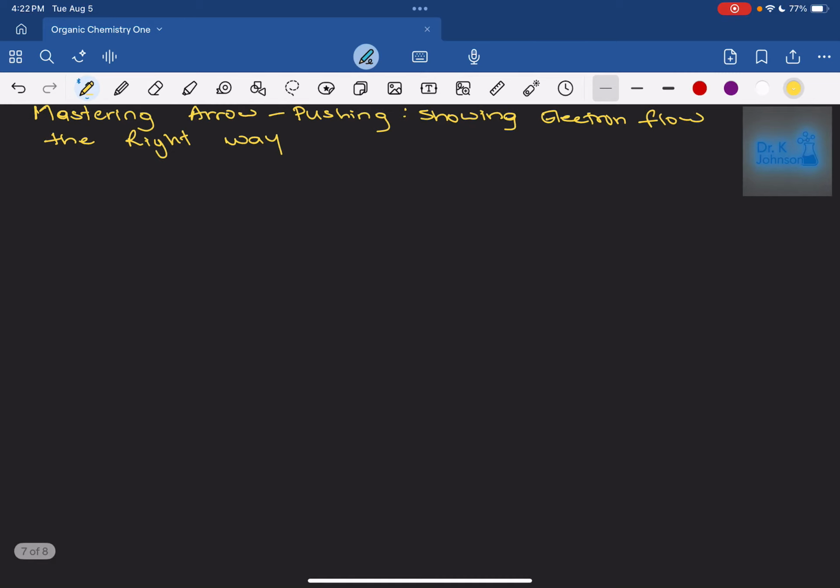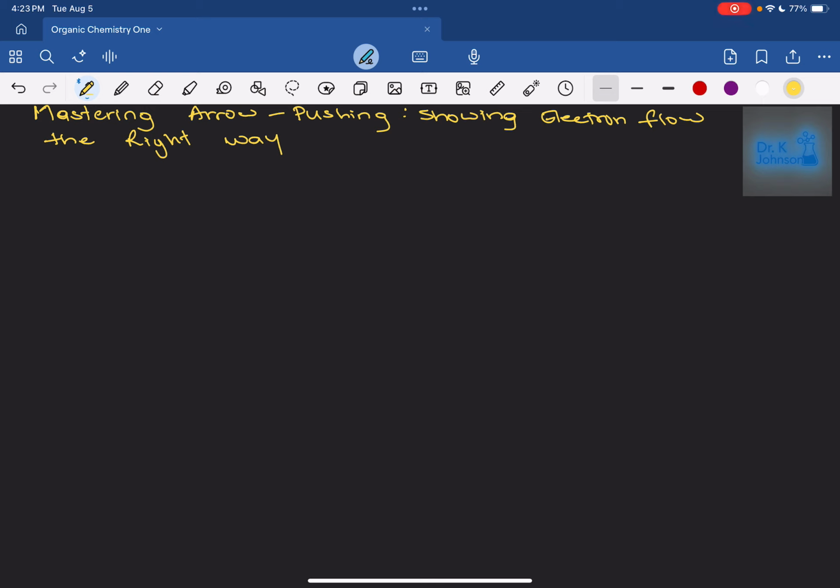Let's talk about mastering arrow pushing in organic chemistry. Being able to use arrows to indicate the movement of electrons is extremely important in organic chemistry. It's the way you're able to do synthesis, retrosynthesis.